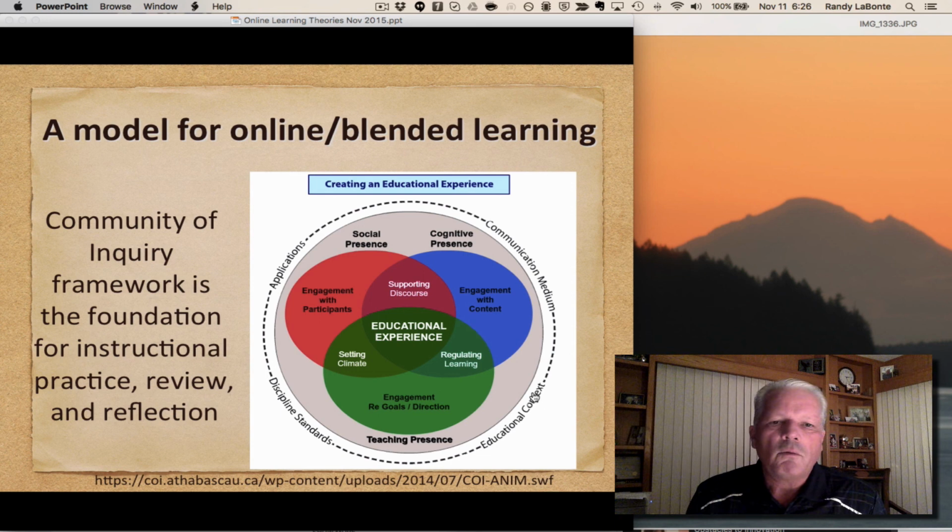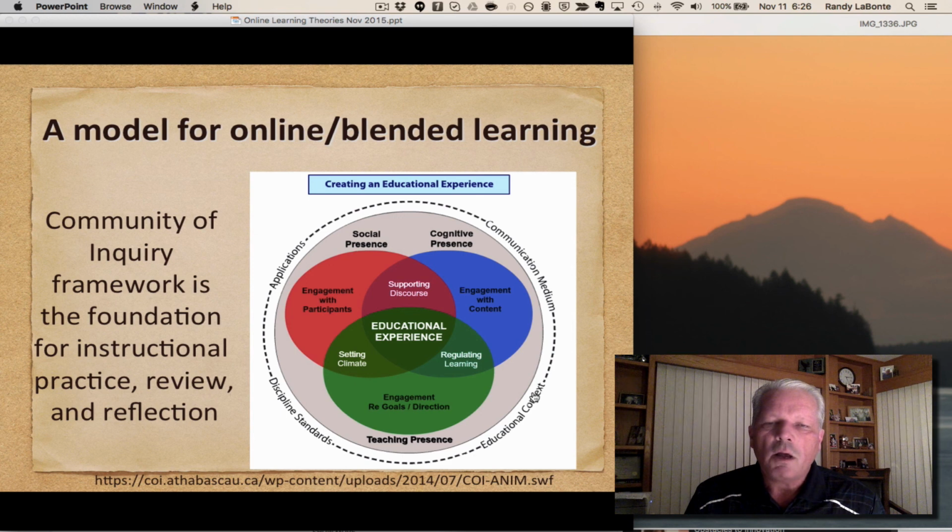So a model that works extremely well for me, it's researched. It was the basis for the British Columbia standards that were published, and it's very well researched in the literature, as well as the community of inquiry model, and it came out of Canada, in Alberta as well. There's a whole website set up through Athabasca University.